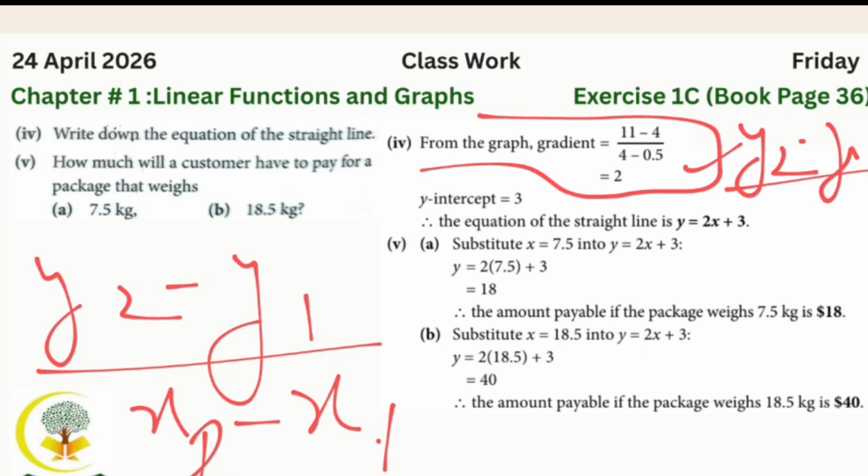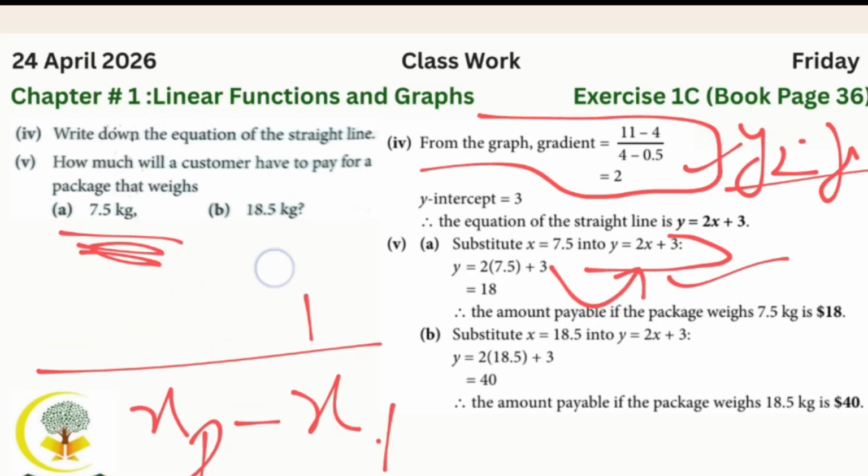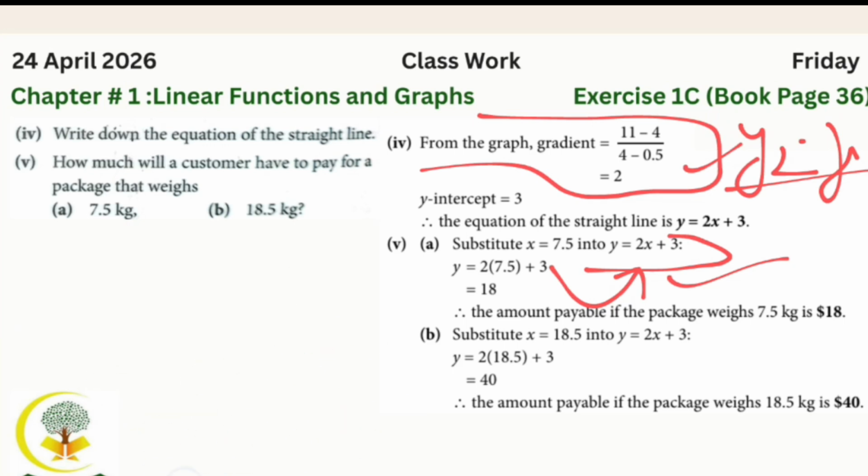Yes. Okay, 7.5 kg. Musa, are you doing it? Amazing. Mind blowing. 7.5 kg. What you have to do is substitute the value: x is equal to 7.5, and y is equal to the given expression, right? So 2x plus 3. You just need to put the value of x inside. So how are we going to put it?